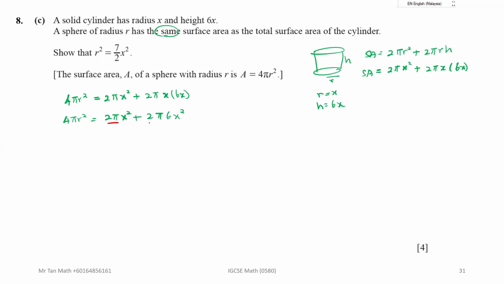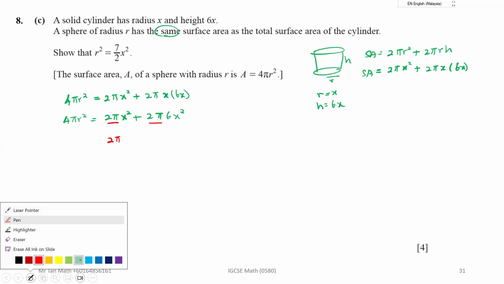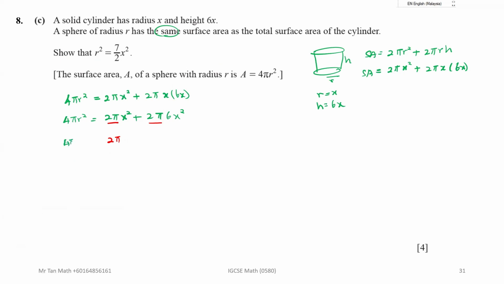Now we can factorize out the 2 pi. So you have 4 pi r squared equal to 2 pi times (x squared plus 6x squared). So we have 4 pi r squared equal to 2 pi times 7x squared.